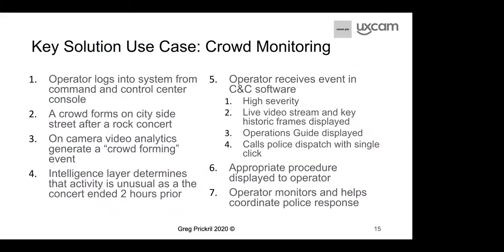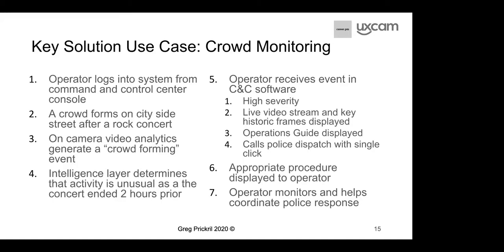So here's a very typical, canonical scenario. The operator comes in, they log onto the system at the command and control center. All of a sudden they get an alert that says a crowd is forming. That was detected automatically, once again, by software looking at video feeds. There's an intelligence layer that can correlate things, that tells them, hey, there was a concert in the park 2 hours before.